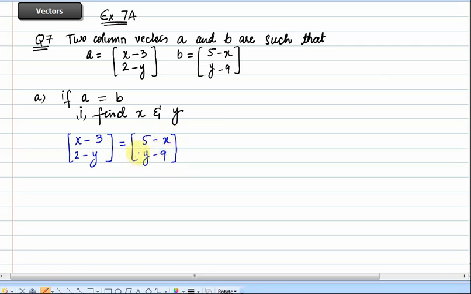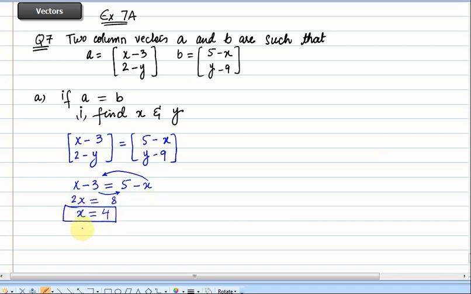Now you need to equate them. First I will equate the first row. So x minus 3 is equal to 5 minus x. We can solve the equation to find the value of x. This negative x, when shifted to the left side, will be positive. So x plus x, and negative 3 on the right side becomes positive 3, 5 plus 3 is 8. The value of x is 4.